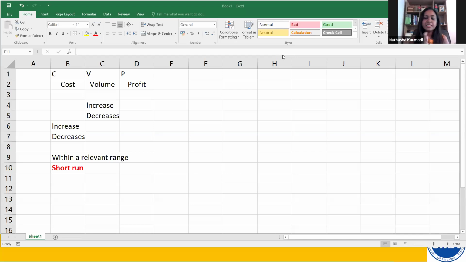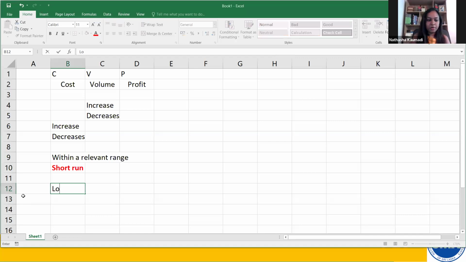Why? Because if we take short run and long run, there are so many differences between these two. If we take short run, tell me what is the tendency of changing the selling price of our product? Is it very high or very low?